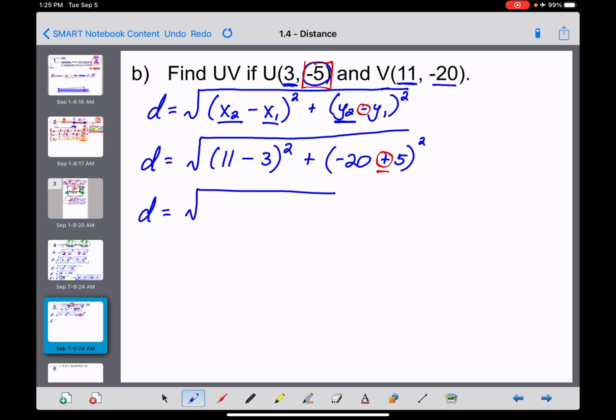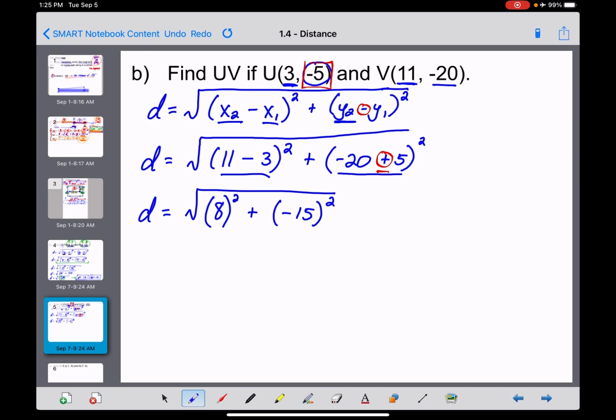D is the square root of, and again, if you had a nice calculator, you could just type all this in at once. 11 minus 3 is 8. That's going to get squared. Not necessary to put it in parentheses, but not a bad idea either. Plus, negative 20 plus 5 is negative 15. Now, guys, if that number is negative, you absolutely need to put that in parentheses before you square it if you're going to use your calculator.